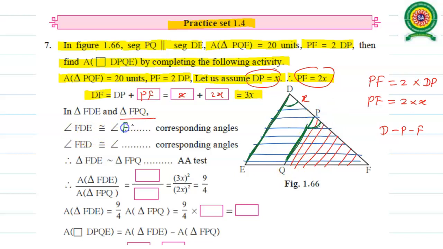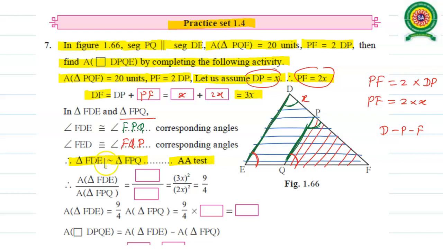Next, angle FED is congruent to angle FQP. Why? Because they are again corresponding angles. Once lines are parallel, pairs of corresponding angles are congruent. So the given two triangles FDE and FPQ are similar by angle test.